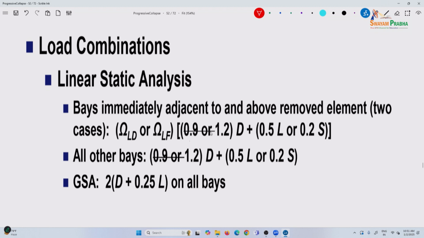Instead of 0.9, this is one of the ASCE 7 load combinations, basically for uplift conditions.